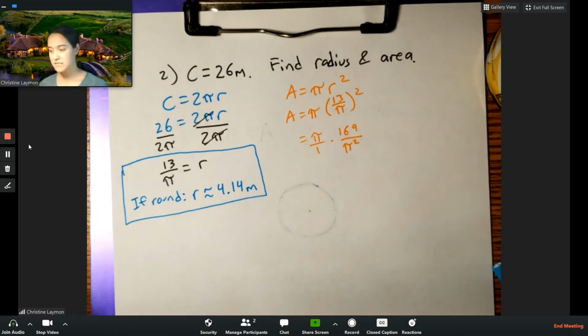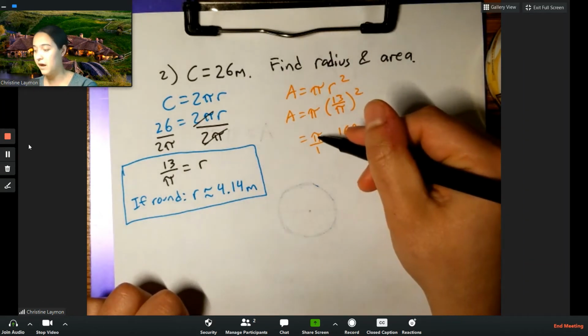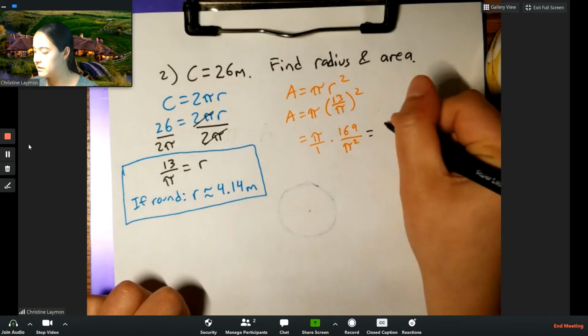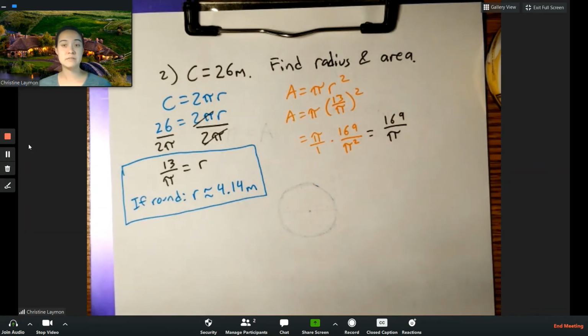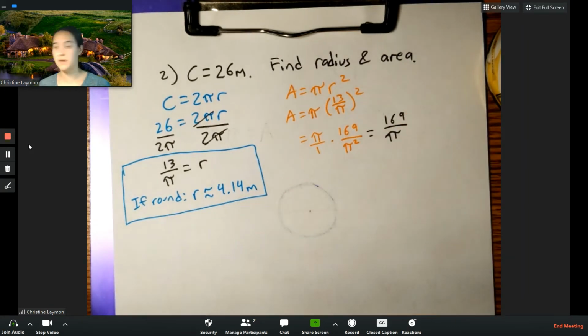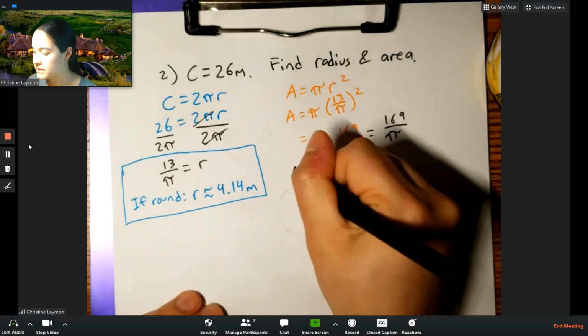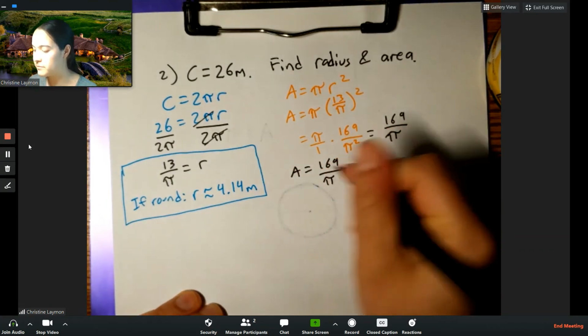Let's go ahead and simplify that part. If I divide this by pi and that by pi, I'm left with 169 divided by pi. So, your exact answer is 169 divided by pi.